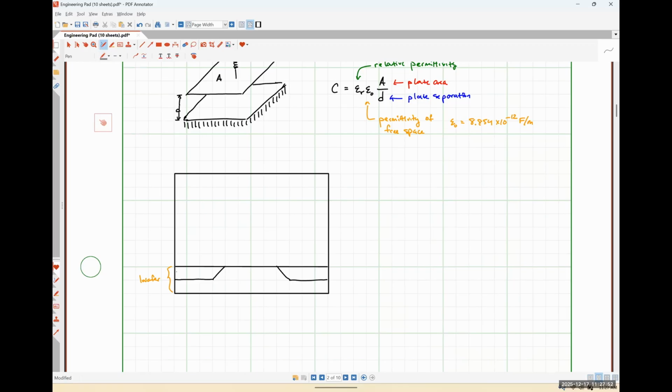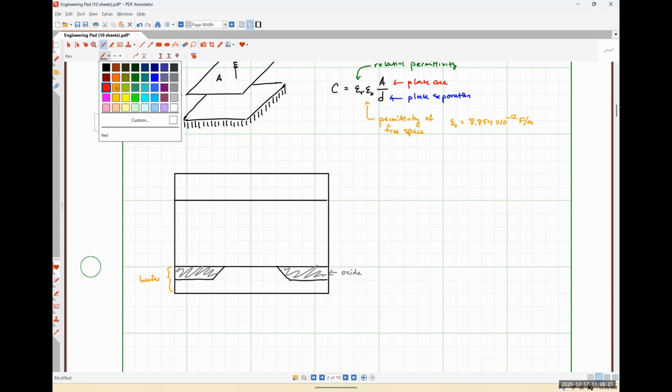I'm going to fill this in this gray color right here, and I'm just going to put a note here that this is an oxide. And I'm going to duplicate this up above for a second wafer. So I've got a three wafer sandwich kind of system here. So up here is yet another wafer.